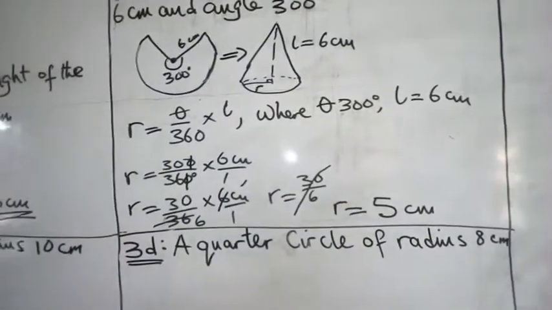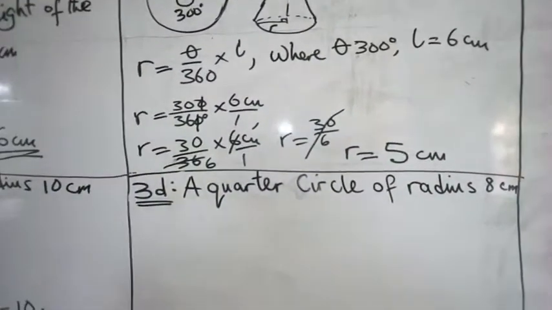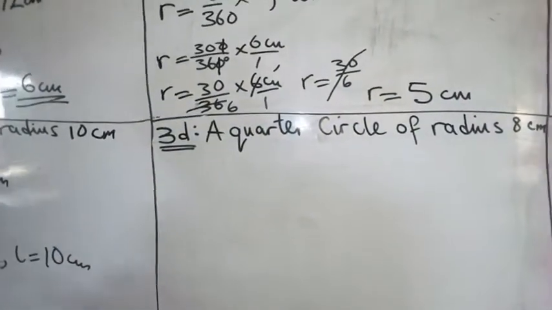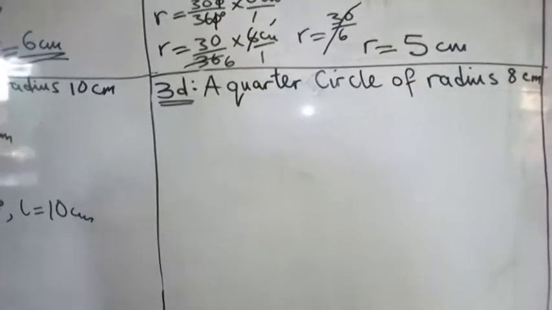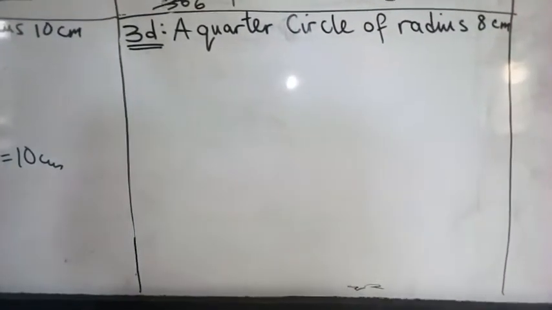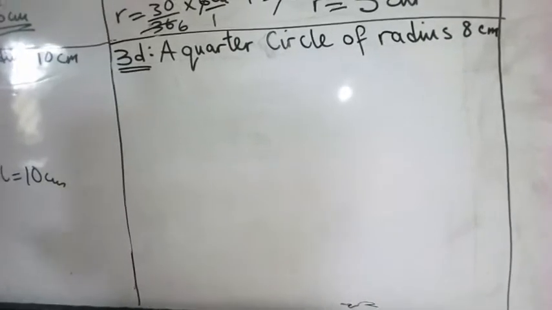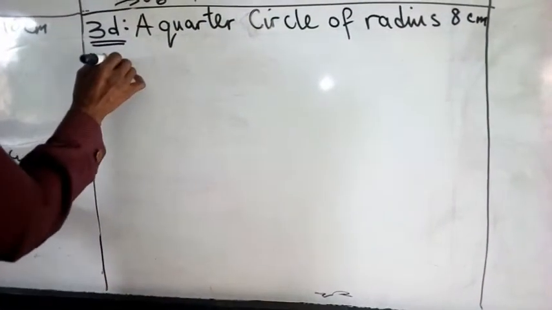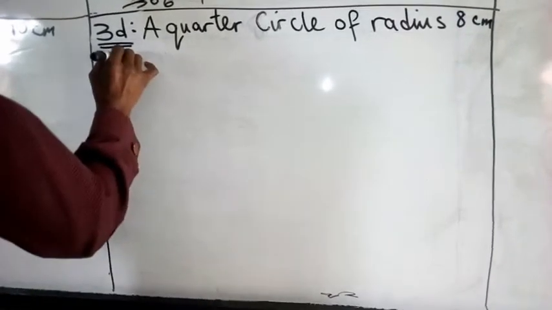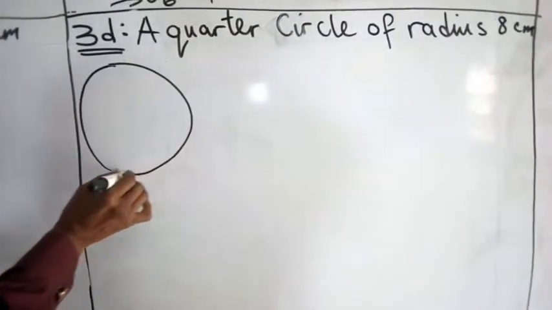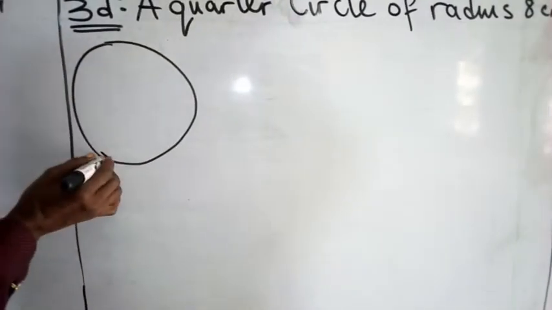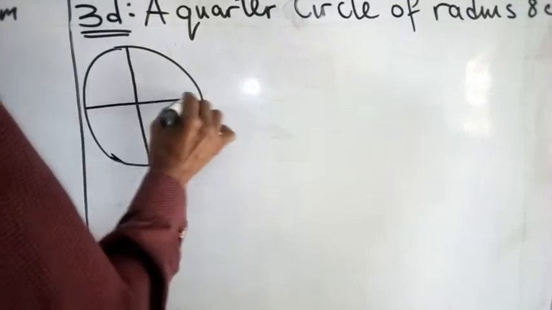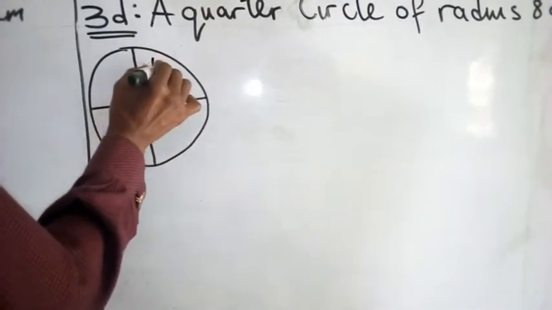We quickly move to the last one. In this last one, you don't have to panic. There's something I see in the last one. It's just like what we saw in the other one. A quarter circle of radius. If we divide a circle into 4, that is what we mean by quarter. So this side is 1 over 4, that's a quarter.